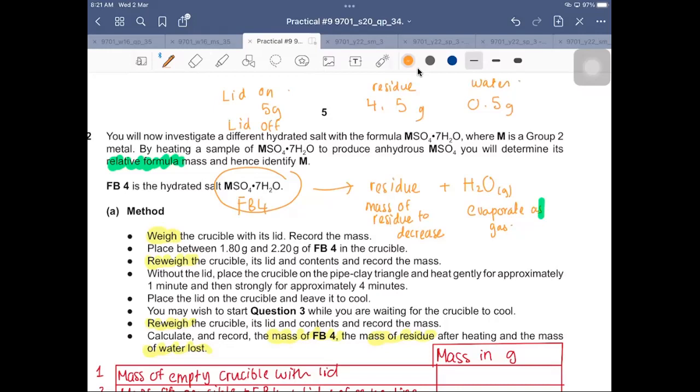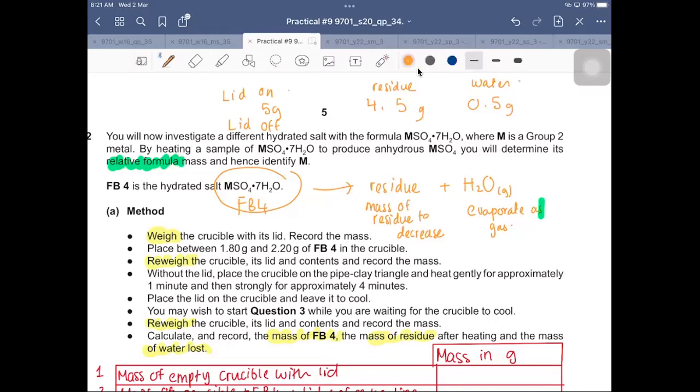Okay, with the lid off, we also say we start with the same mass, 5 grams. Okay, this time, our water has escaped. But now water is coming in contact with our residue.